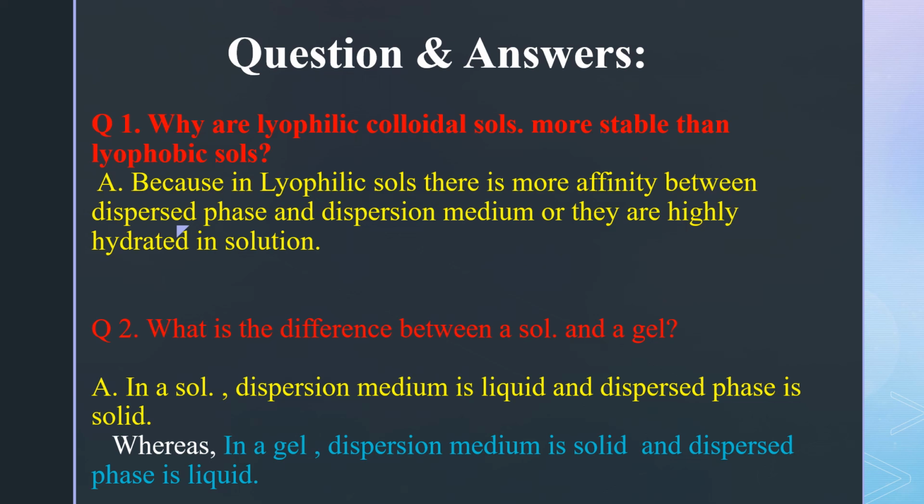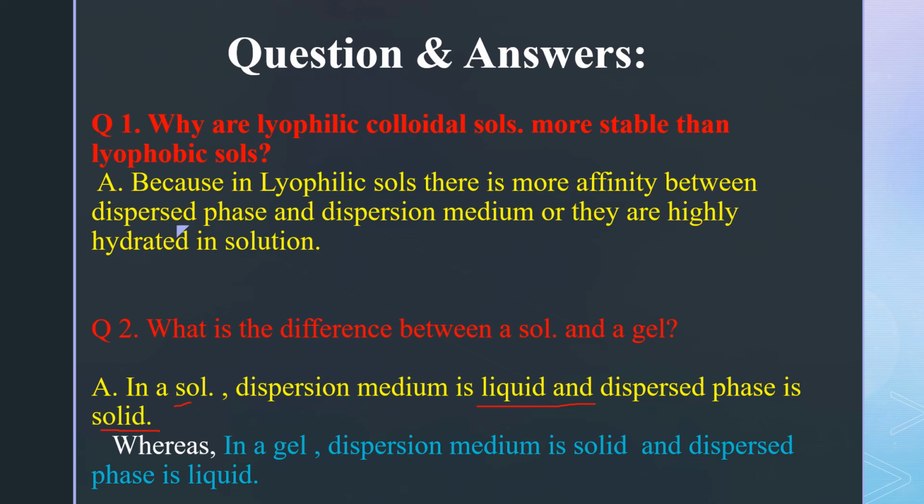Second question is, what is the difference between a sol and a gel? Now, in a sol, dispersion medium is liquid and dispersed phase is solid. When the medium is liquid and the phase is solid, the colloid formed is known as sol.